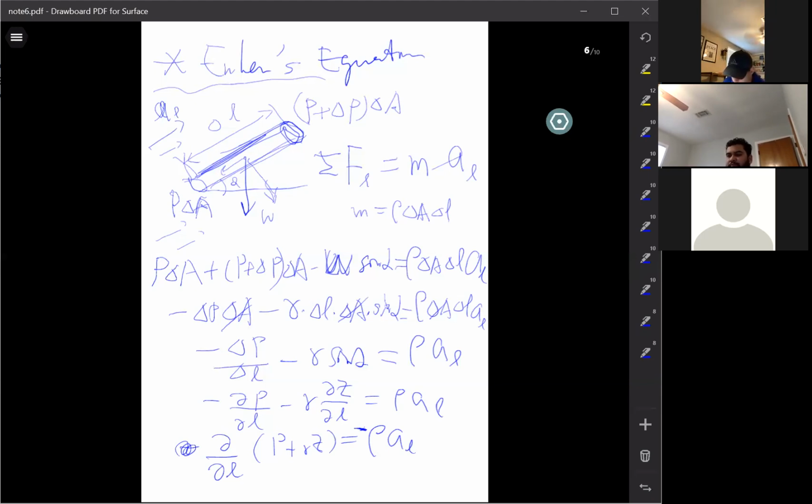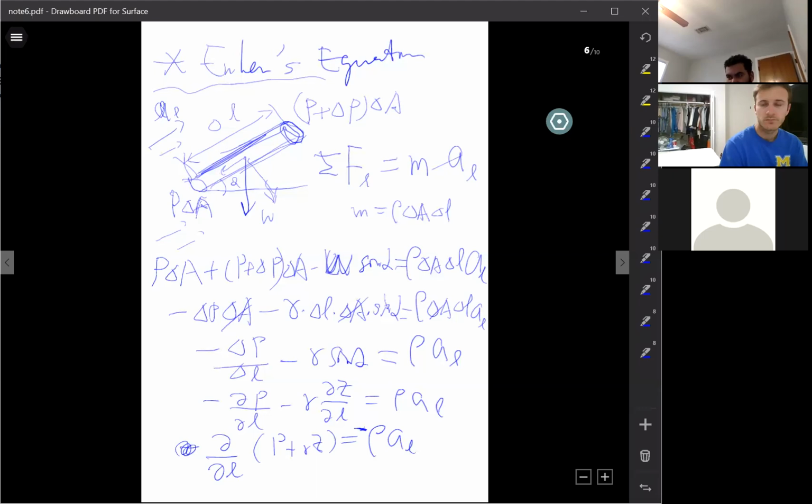Remember, last time P plus gamma Z was equal to a constant because the right-hand side equals 0, so you could get rid of the partial over partial L on the left-hand side. Do you remember? Because now the right-hand side is non-zero, you have to keep the partial L in there. So this is a more general form. We call it Euler's equation.